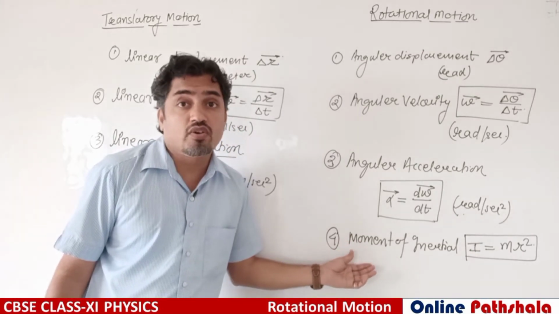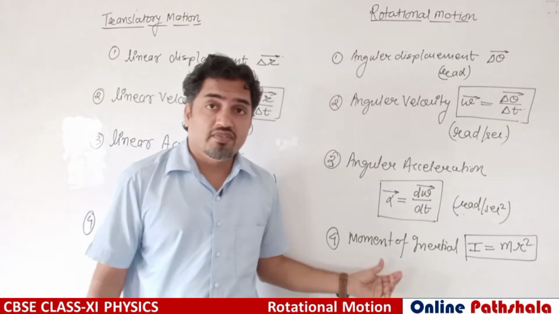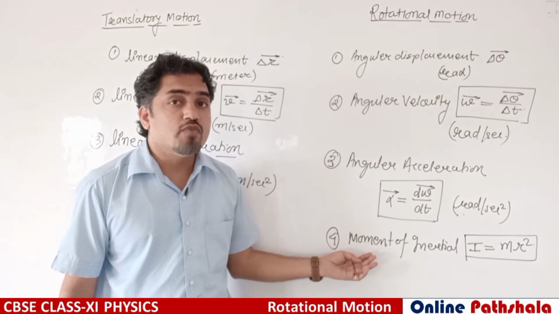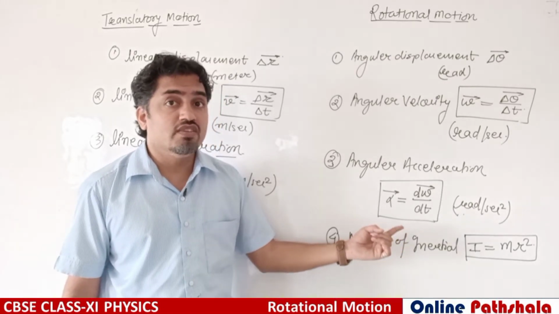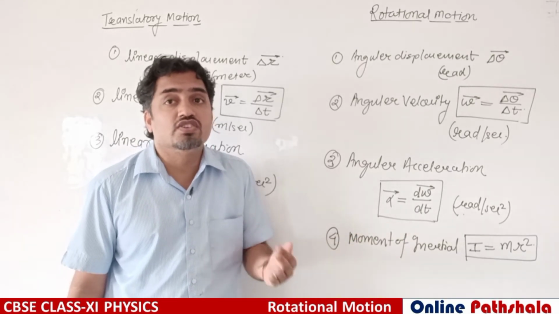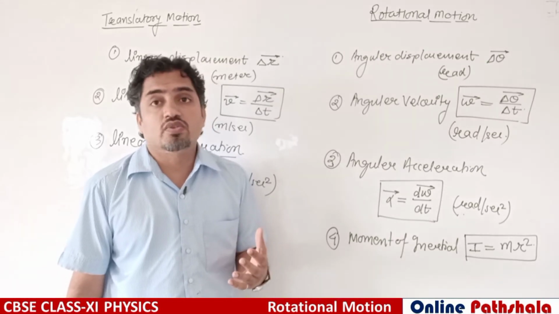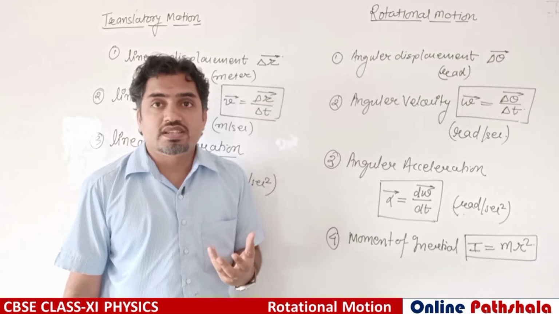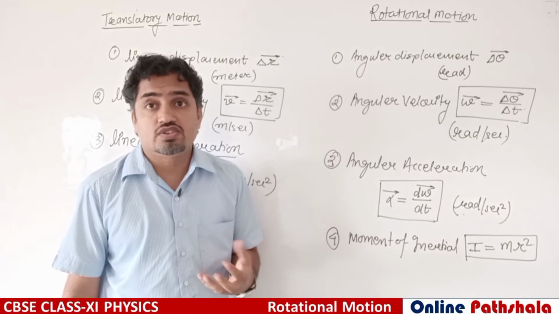It is a very important concept, and in the next lecture we will cover all the concepts of moment of inertia: what is the formula for the moment of inertia, how you can derive the formula mr square, and how we can find the moment of inertia of different bodies having different shapes, like circular disc, circular ring, solid cylinder, hollow cylinder, spherical ball, spherical shell, solid sphere.